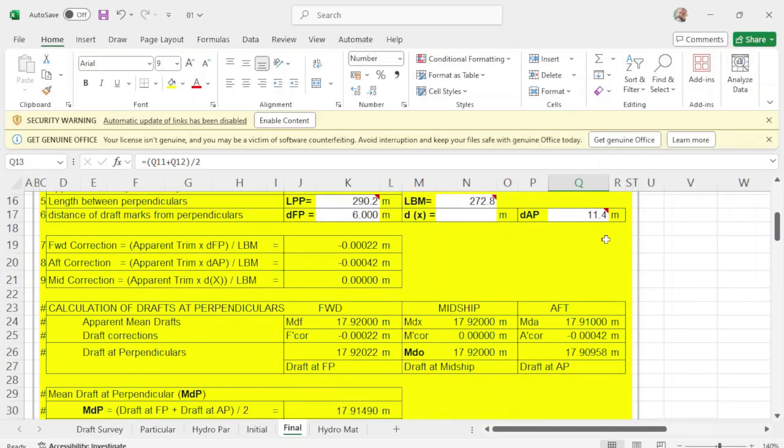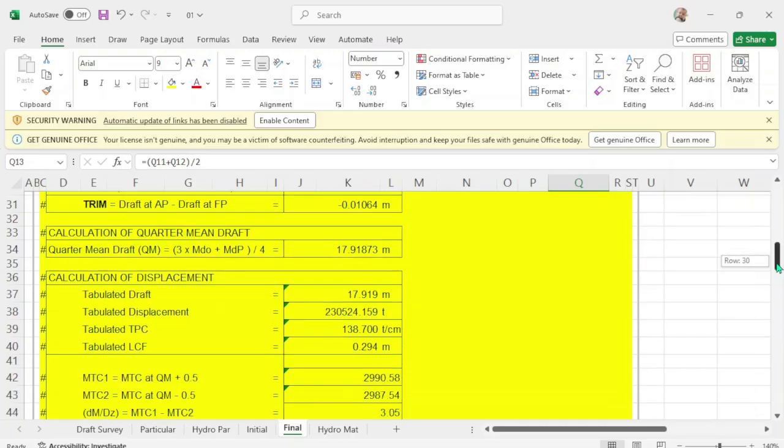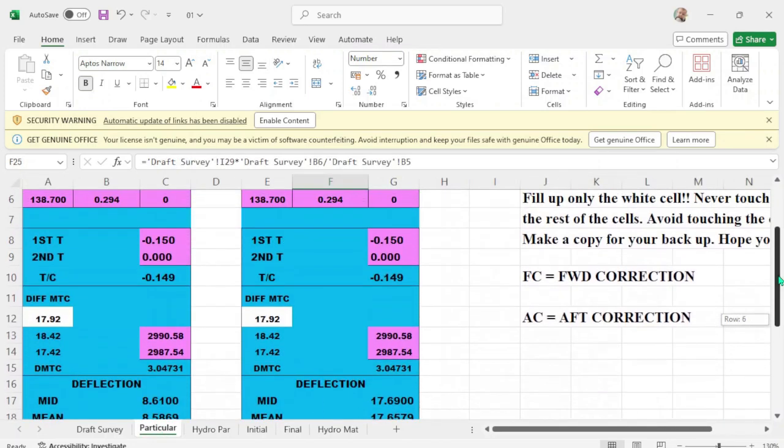Now the figures fill in, and you have now quarter mean, you have now the displacement, your TPC, and your LCF. So look, TPC is 1387 in your final.